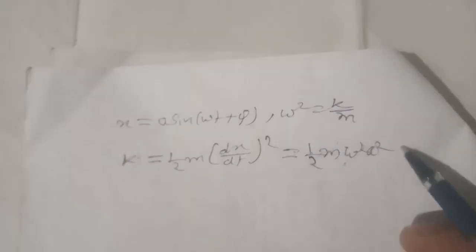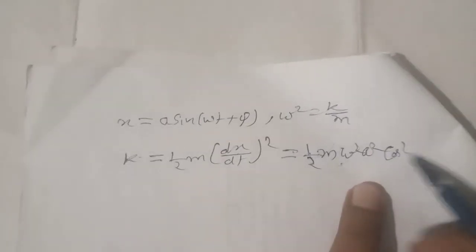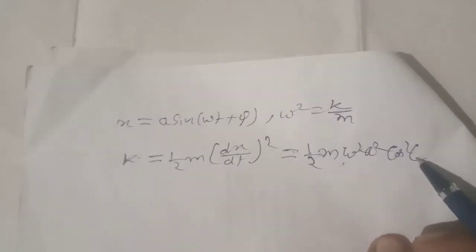Now using the value of x, differentiating and then squaring, we get 1 by 2 m omega square a square cos square (omega t plus phi).